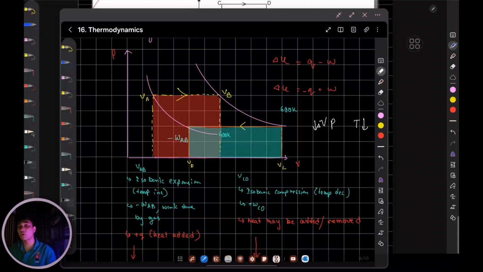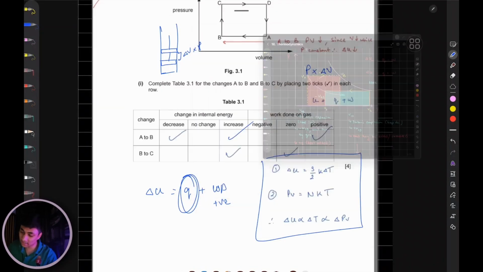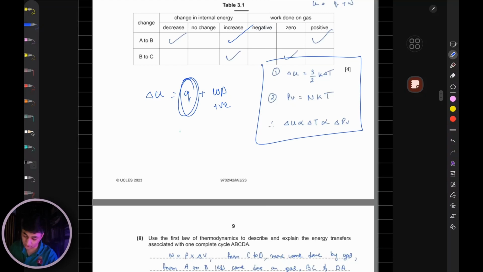And you can also deduce that from this proportionality from the ideal gas, that T is proportional to the product of pressure and volume. Since your volume is decreasing, your temperature is also decreasing.